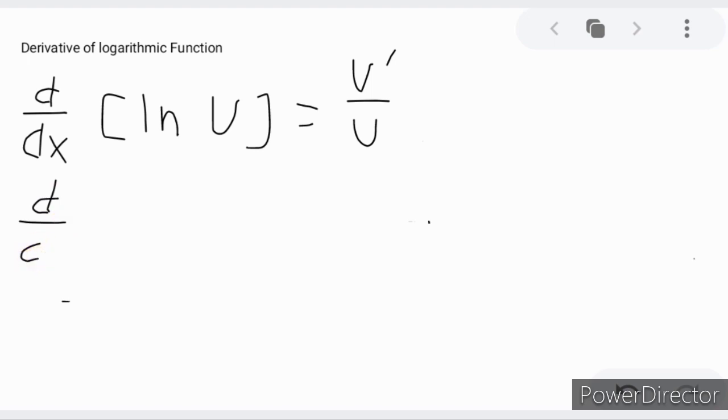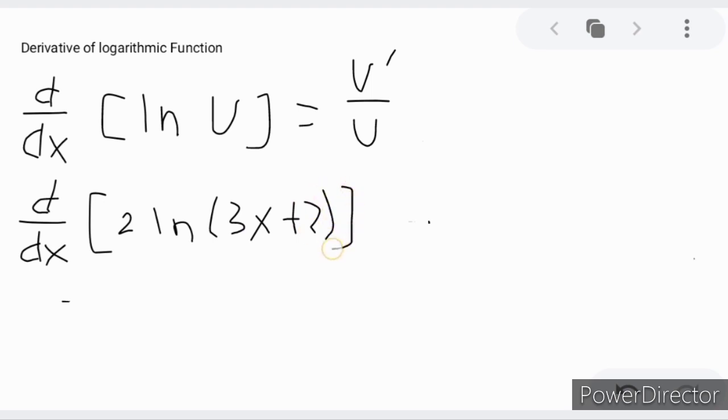Okay, now let's proceed to another example. And this time, we are going to get the derivative of 2 ln of 3x plus 2. Our u here, we are getting the u.